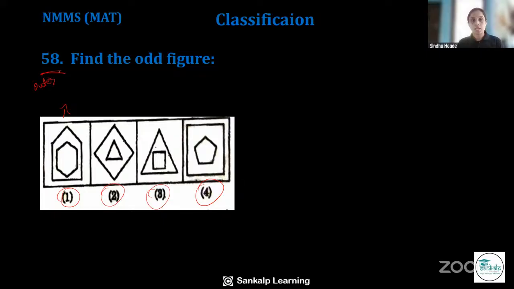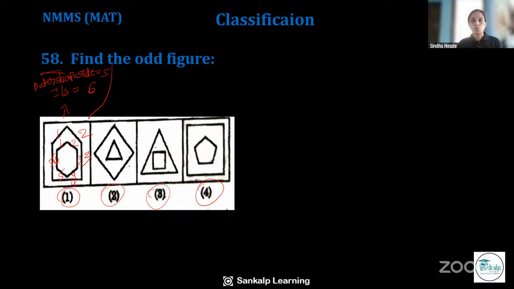the outer shape has sides 1, 2, 3, 4, 5, total 5. For the inner shape it is 1, 2, 3, 4, 5, 6. So this one is for the first.